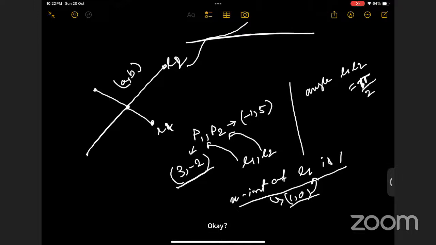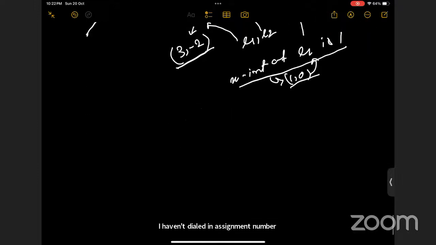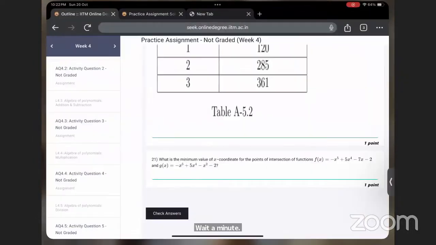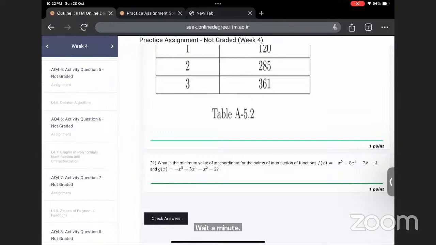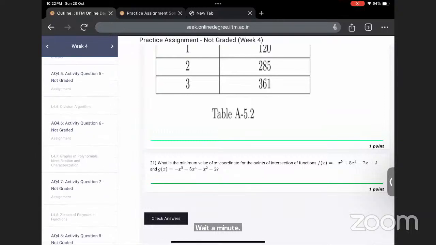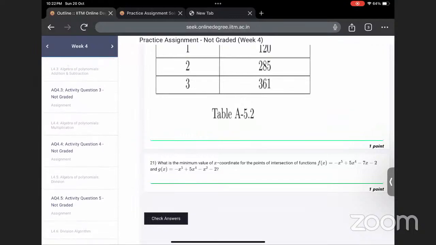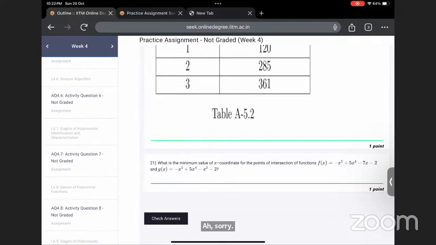Any other doubt? Ma'am, I have a doubt in the assignment, number 4.8, the activity question.